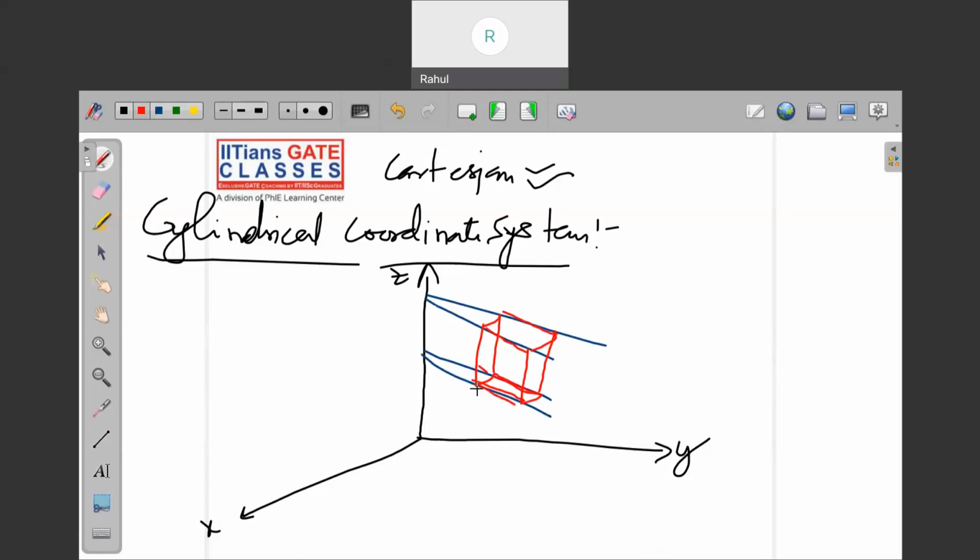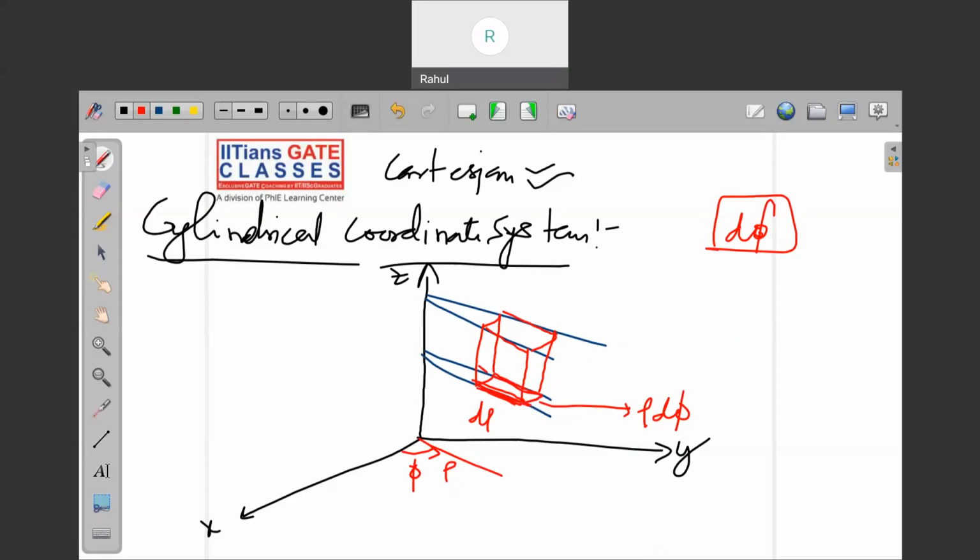From here to here, this is d rho, because you know that rho is this. If you are extending, this is rho, so this is d rho. And this will be rho d phi, because in the direction phi, if you increase phi a little, this is d phi. d phi is the little change in phi.